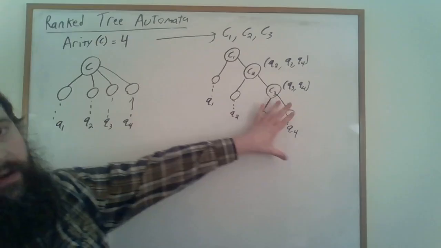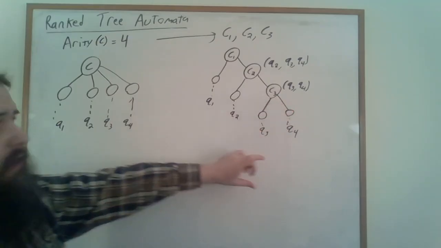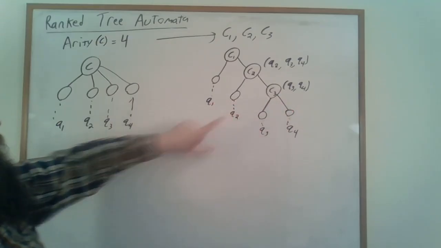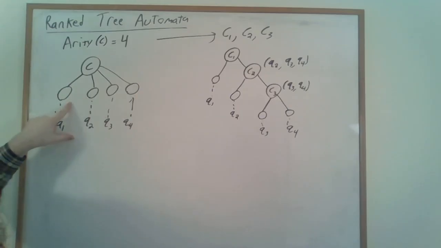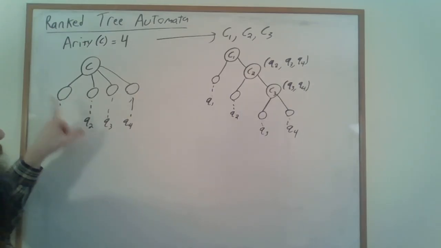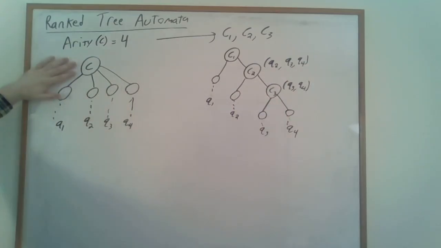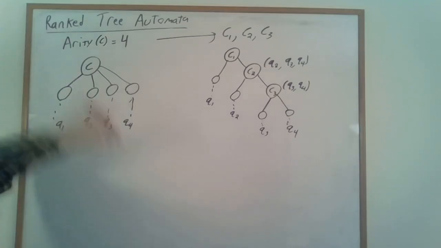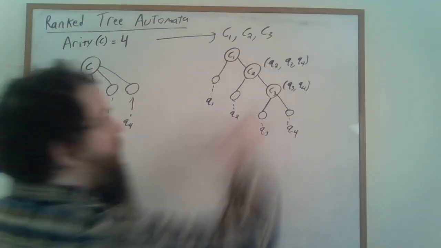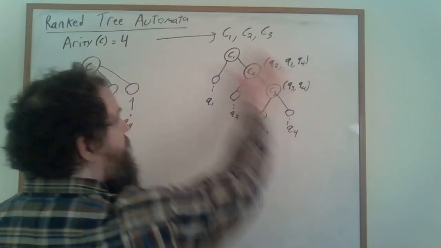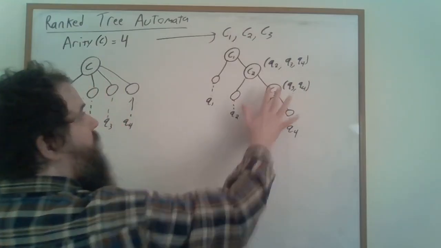So we have a binary tree automaton whose states are tuples of states of our ranked tree automaton. But luckily, the size of those tuples is bounded. Remember that because it's a finite alphabet, there's a universal upper bound on the rank of any character in this alphabet. And so there's going to be a universal upper bound on the length of the tuples that need to be passed in doing this construction.